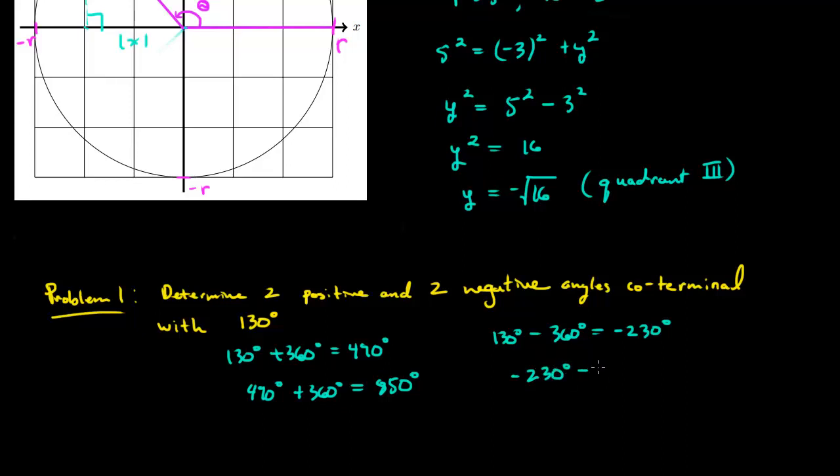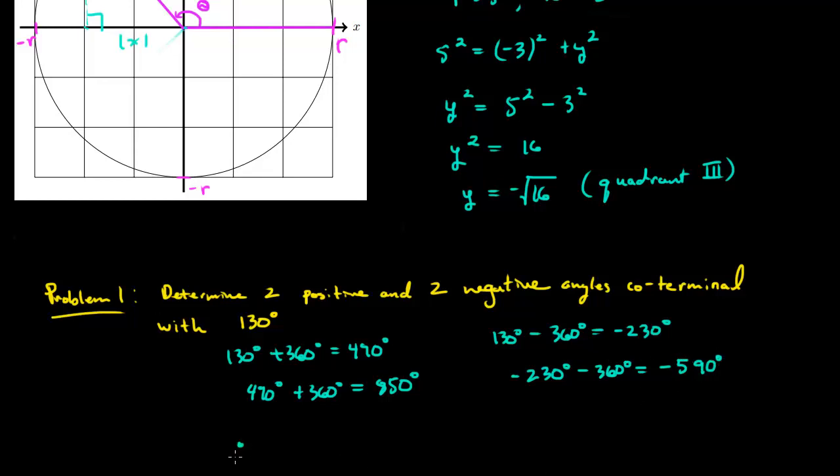And then we could subtract 360 from that. That'll bring us another full revolution, just in the other direction, and bring the terminal arm back to the same spot. So minus 230 minus 360 is minus 590 degrees.